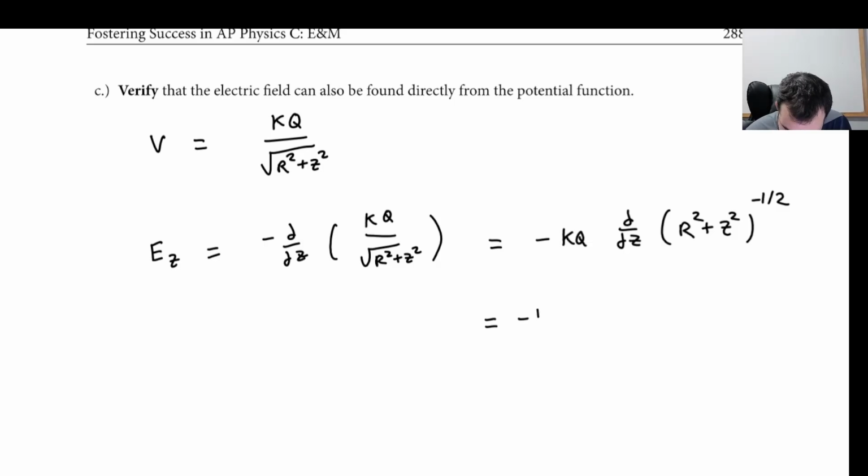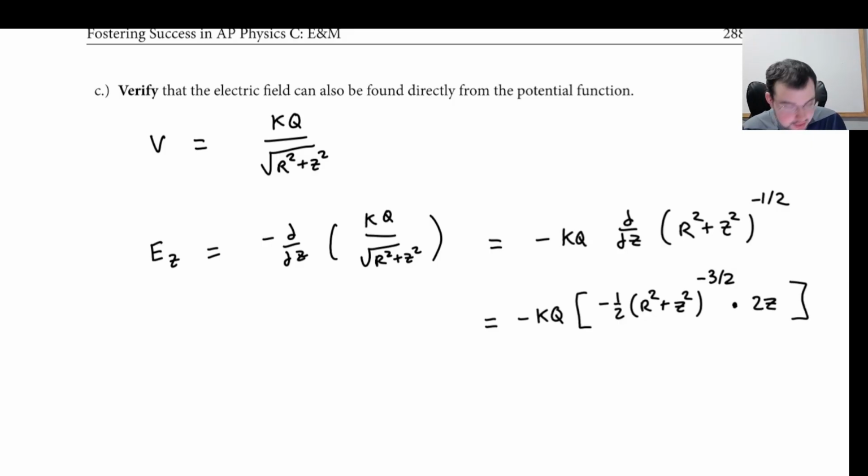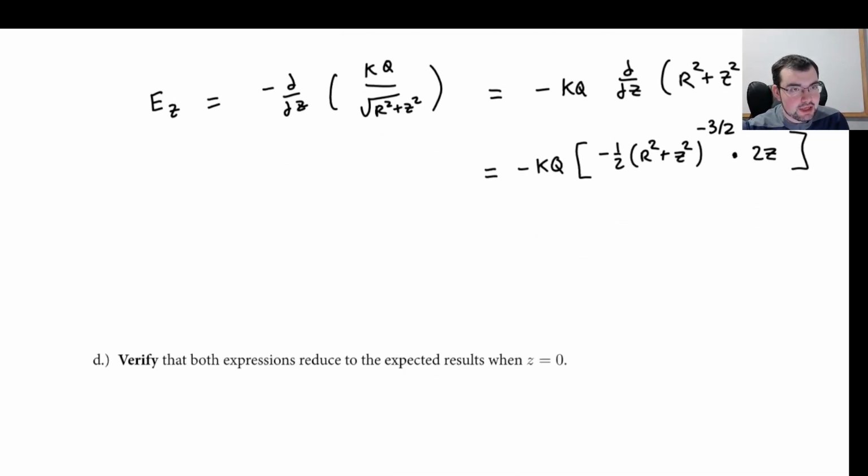So we get negative kq times, bring down the negative 1/2, decrease negative 1/2 by 1, multiply using the chain rule to get that inside derivative, and we do get the exact expected result, because the negatives cancel, the 2 and the half cancel, so we pick up a z on top, and we get our 3 halves power.